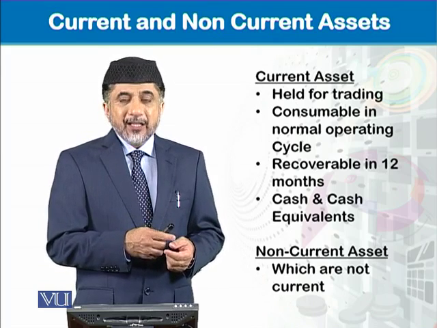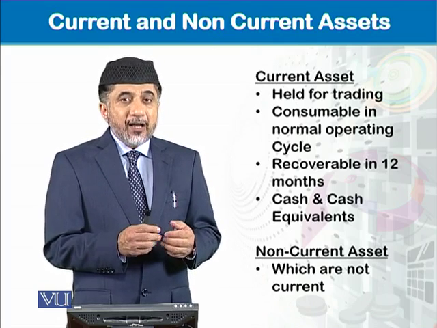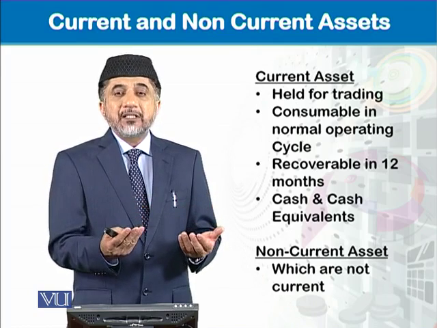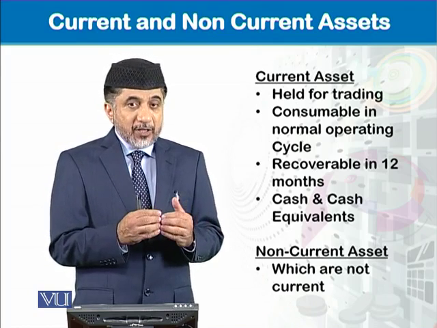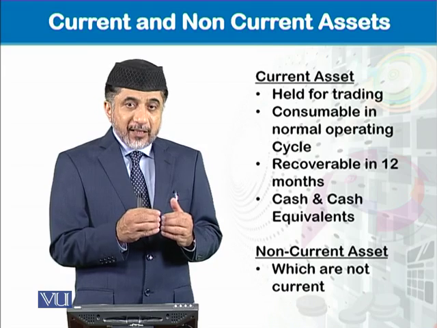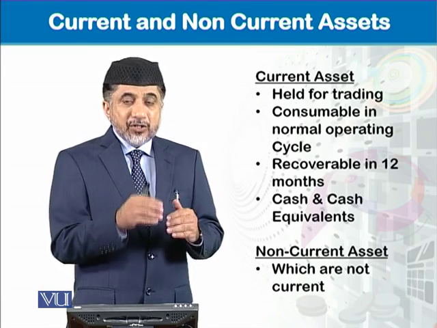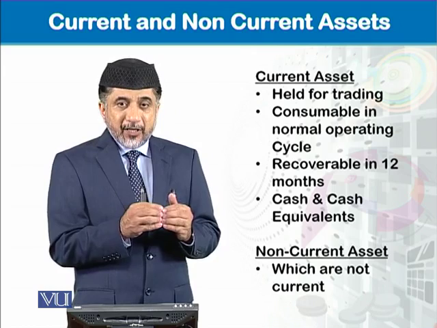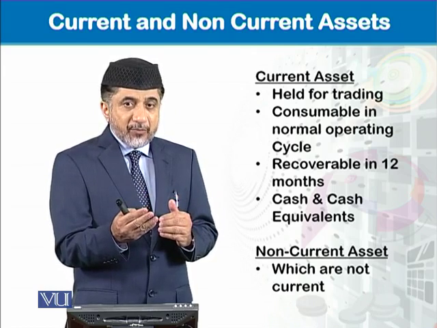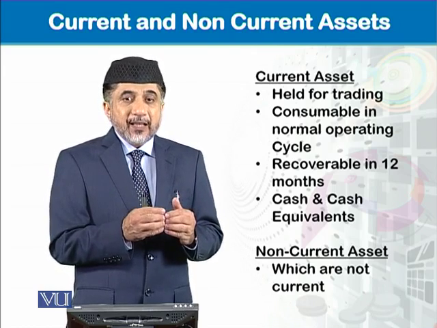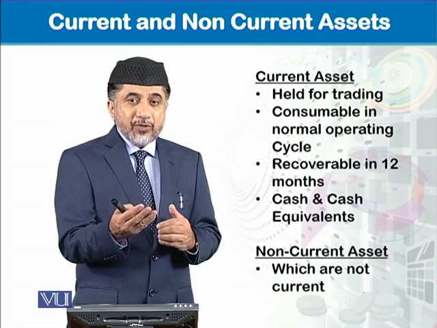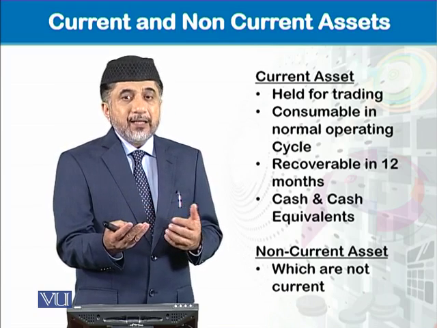And then come those assets which are recoverable within a 12 months period, 12 months from the date of reporting. So from the end of the reporting period onwards, we count 12 months. If we say that these are recoverable in those 12 months, they are our current assets.